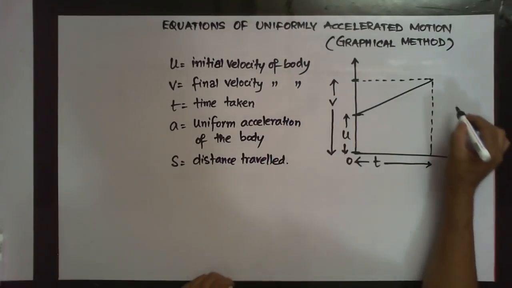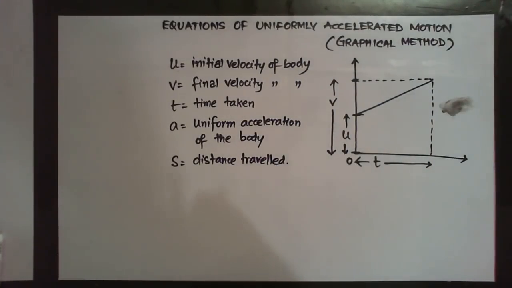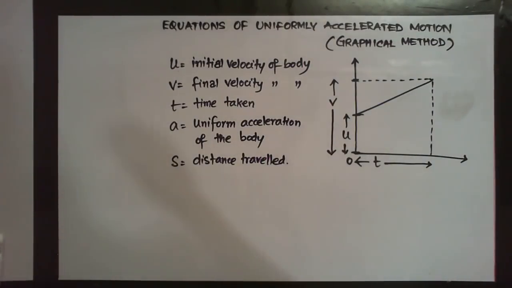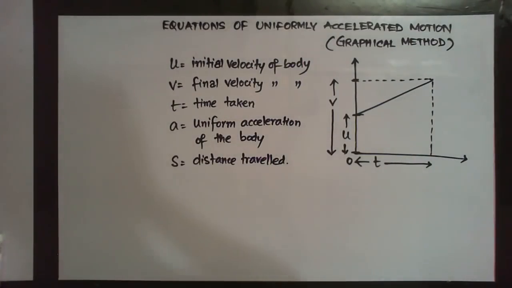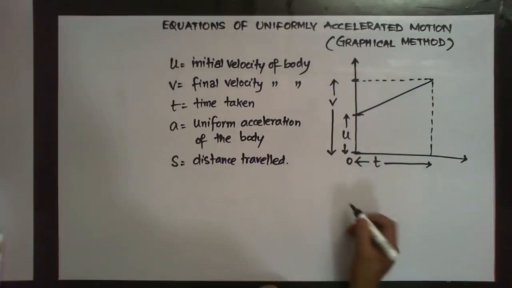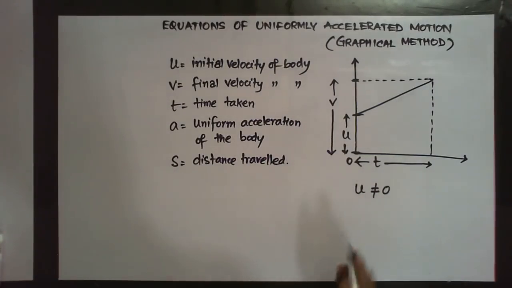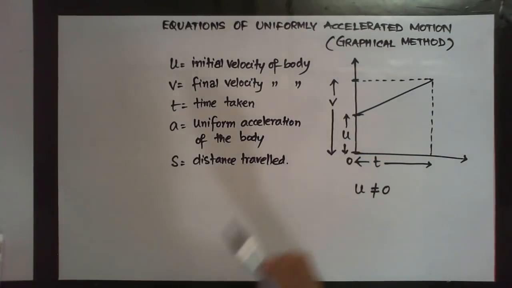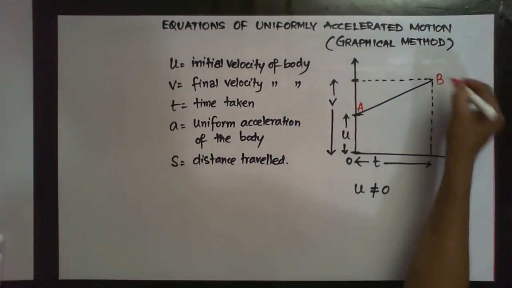In this case, initial velocity is not equal to 0, u is not equal to 0. So that is why we are starting the graph from a point which is above the origin. So let us mark these points. Let us say this is A, this is B, this is C.